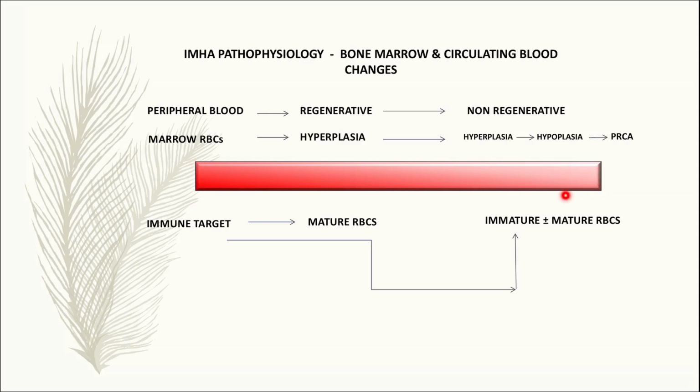This rectangular box is red in color, but it becomes paler and paler in color. You need to note this. Here, if you see here, bone marrow, RBCs and peripheral blood, they are normal. They are in equilibrium, physiologically normal. So they are bright red in color, which means there is no signs of anemia.